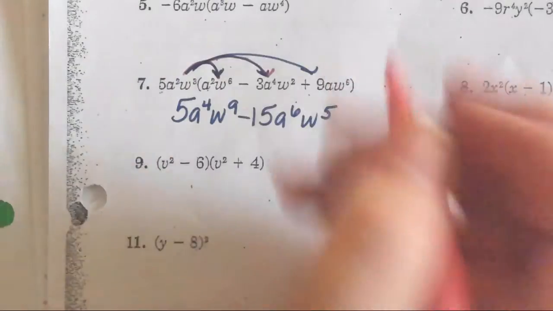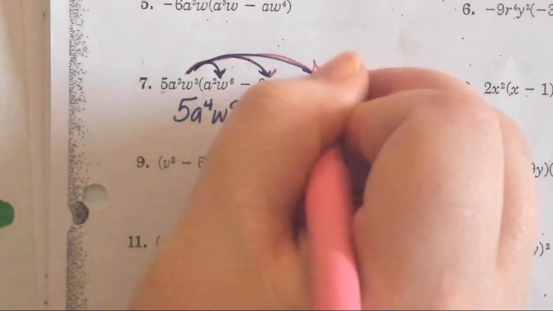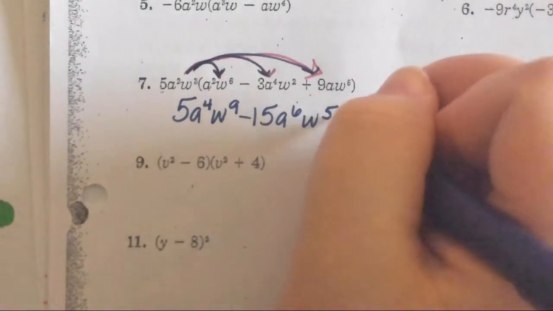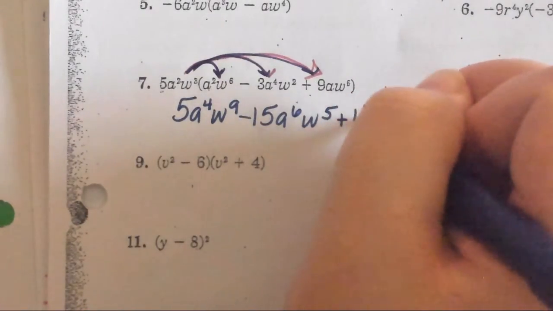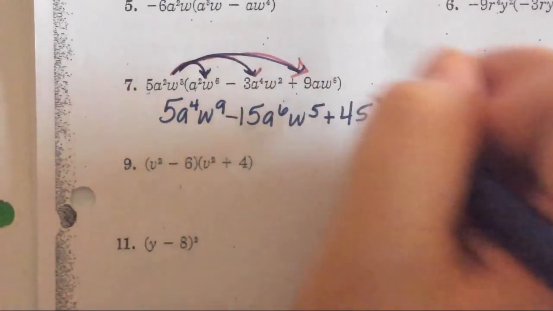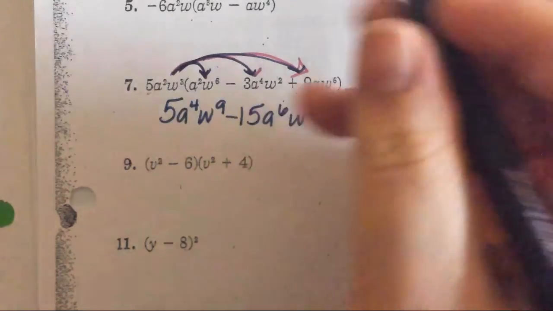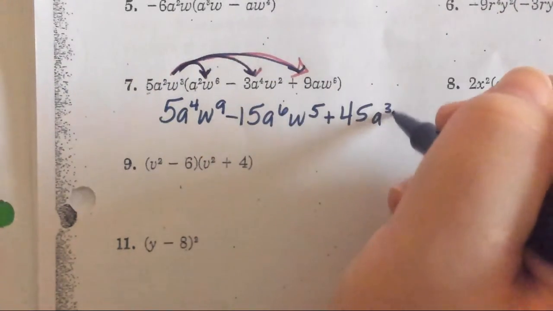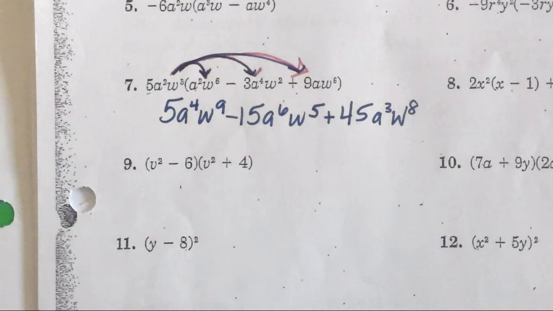And then when I distribute to that last term, 9 times 5 is 45. A squared, a to the 1, I get a to the 3rd. W to the 3rd, w to the 5th, I get w to the 8th, because 3 plus 5 is 8. So it's really easy.